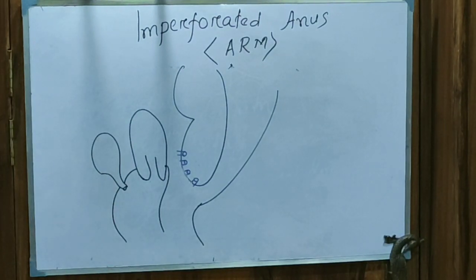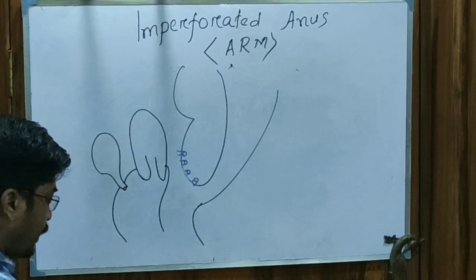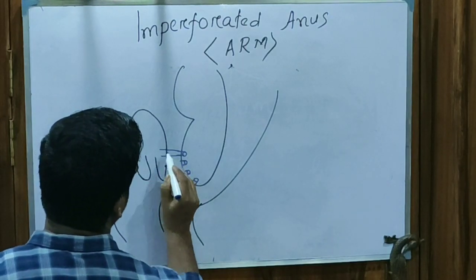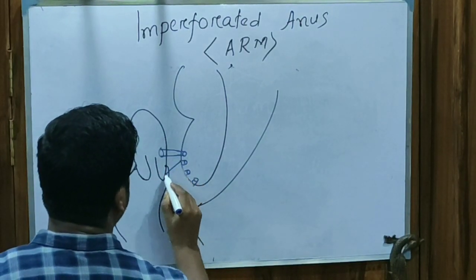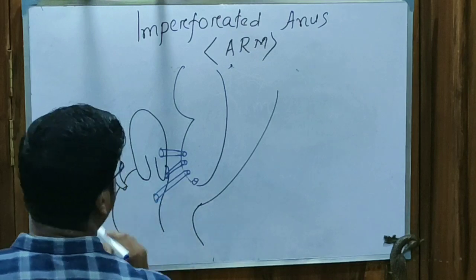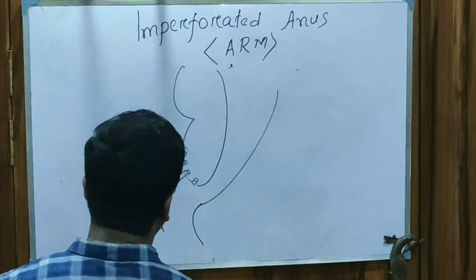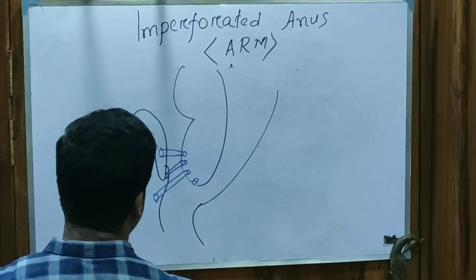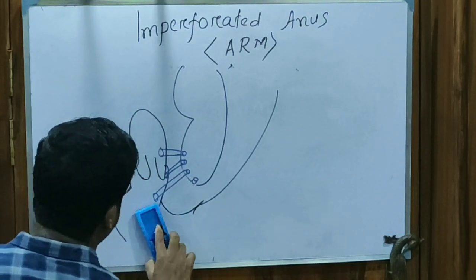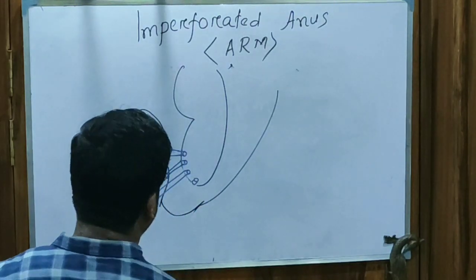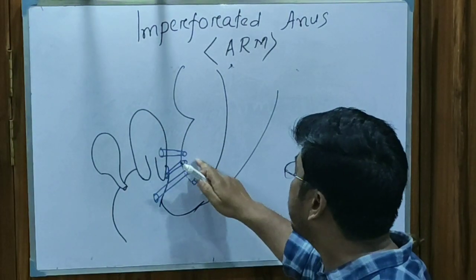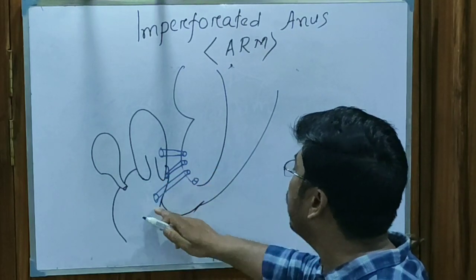So in case of a female patient, the fistula may communicate with the uterus, the vestibule and the vagina. So recto-uterine fistula, recto-vestibular fistula, and recto-vaginal fistula.